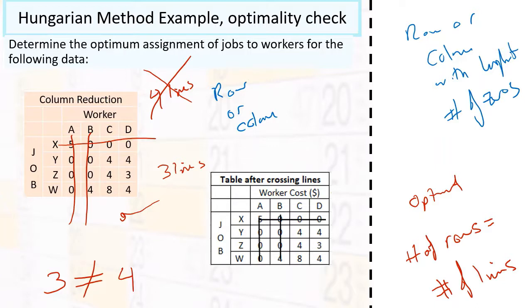If you made the mistake of not following the rule and just crossing any line where you find zeros, you might end up with 4 lines, and you might say that this is optimal when it's not. So now that it's not optimal, we have to do what we call covering some values, and we're going to deal with the uncovered values and the covered values. We're going to see how to do this in the next step.